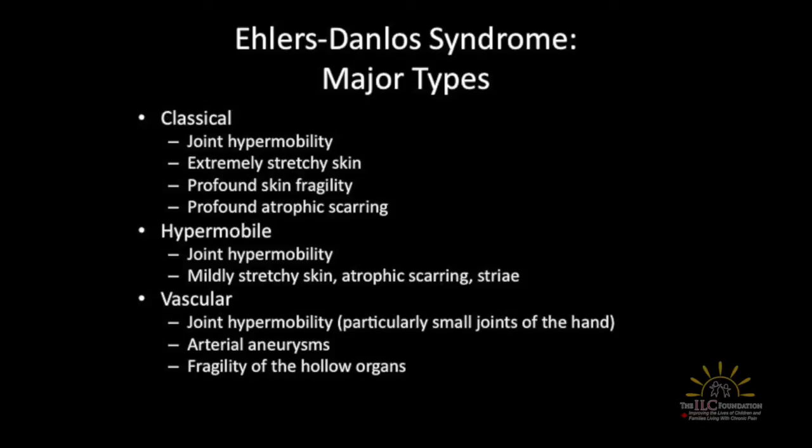May also involve the carotid arteries or the femoral arteries. And they have fragility of the hollow organs, so that the vascular type predisposes people to rupture of the bowel, the uterus, and the bladder. And the vascular type is life-limiting because of these complications.